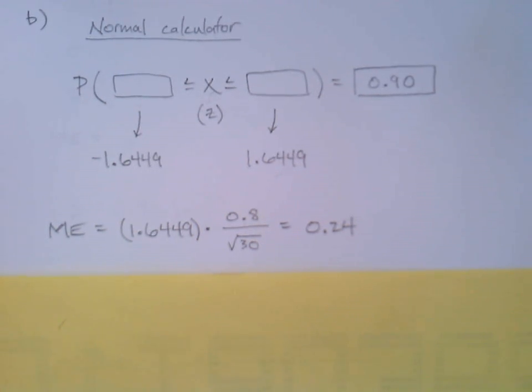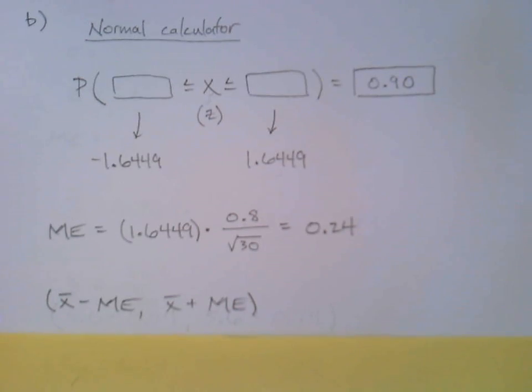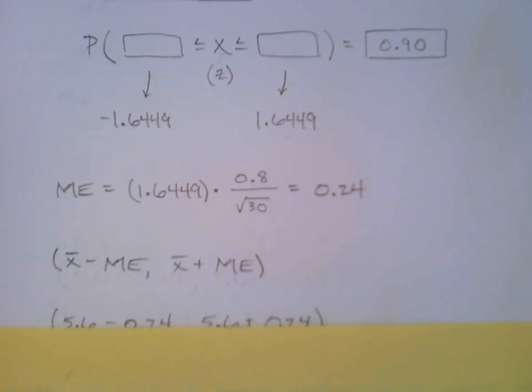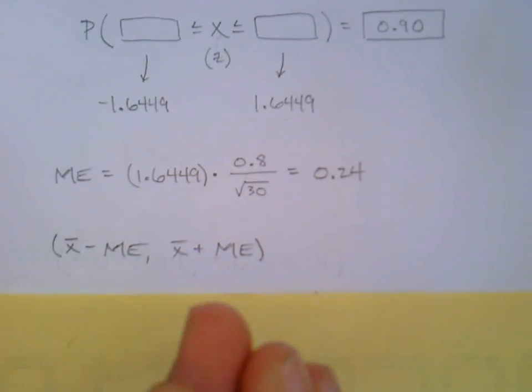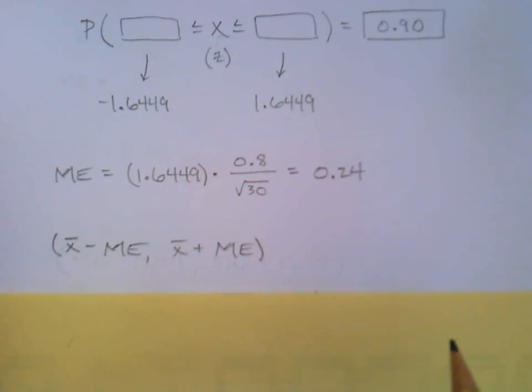Once we have the margin of error, we're going to go back to this formula now that was just introduced right before practice problem number 2. So we take our point estimate and we subtract the margin of error and we add the margin of error, and that's like calculating the distance above and the distance below. Now we have a more succinct way of going about these problems.